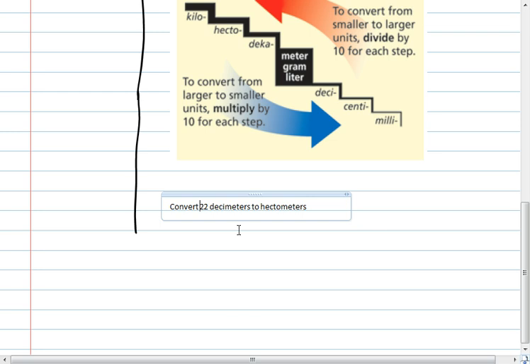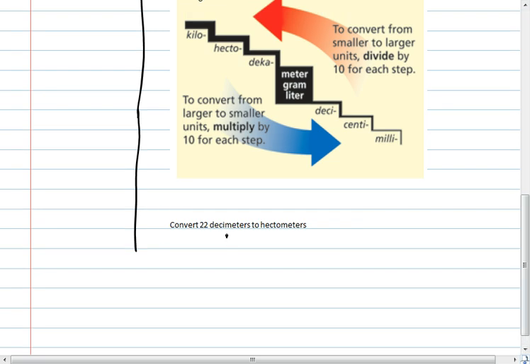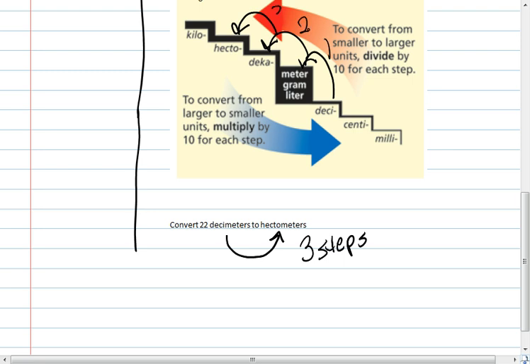Alright, so let's go back to that problem we just mentioned. We're going to convert 22 decimeters to hectometers. So looking up in our stair-step chart, we see to go from decimeters to hectometers is going to be 3 steps. You have to count the step in the middle where your meter, gram, or liters are. So that's 1, 2, 3 steps.